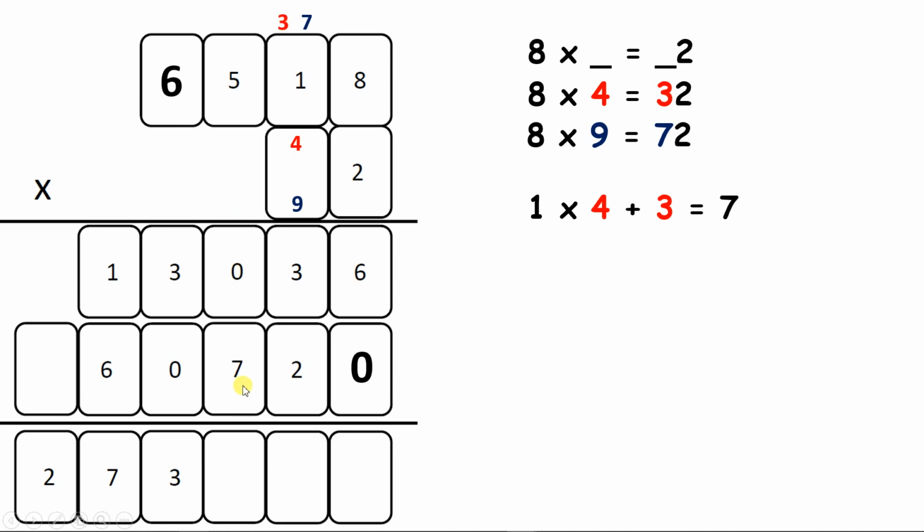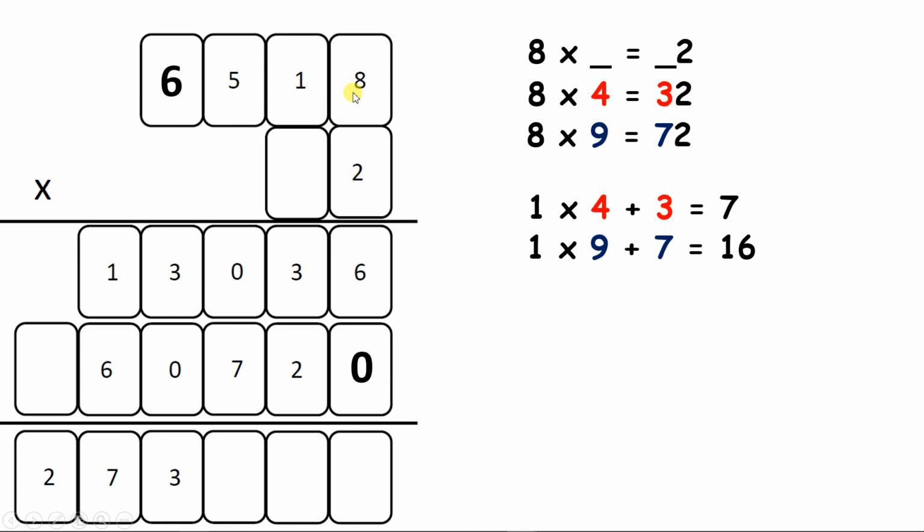Now this fits with the answer because we have a 7 here. If dark blue was correct, they would have done 1 times 9 and then added 7, which gives 16. But it's a 7 in our answer box, not a 6, so we know that here red is correct.